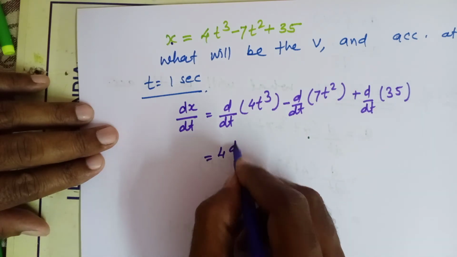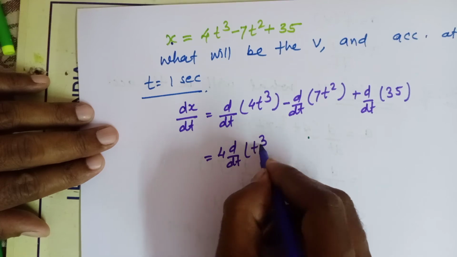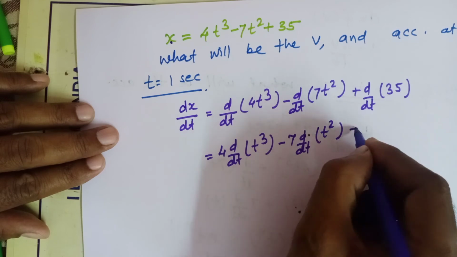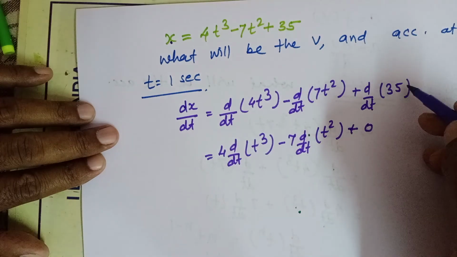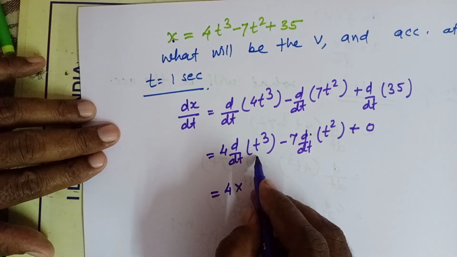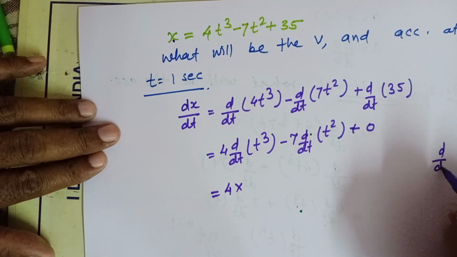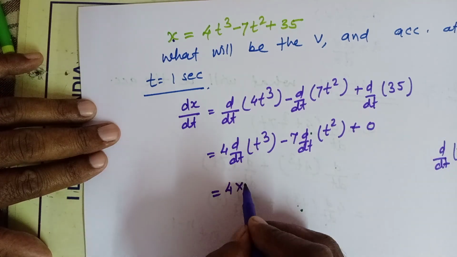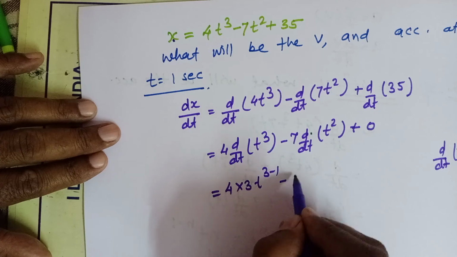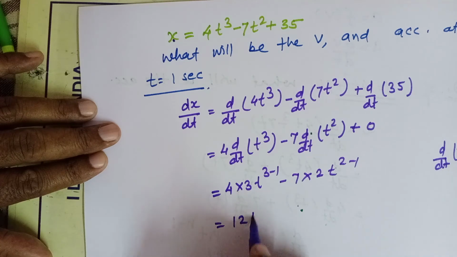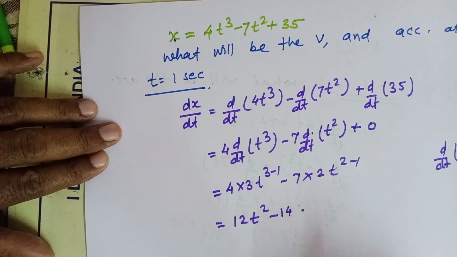This will become 4 d by dt of t cube minus 7 d by dt of t square plus 0. So it will become 4 into, apply the formula here. Since the variable is t, we use d by dt of t to the power n equals n t to the power n minus 1. So power is 3, so 3t to the power 3 minus 1, minus 7, power is 2, so 2t to the power 2 minus 1, and it will become 12t square minus 14t.